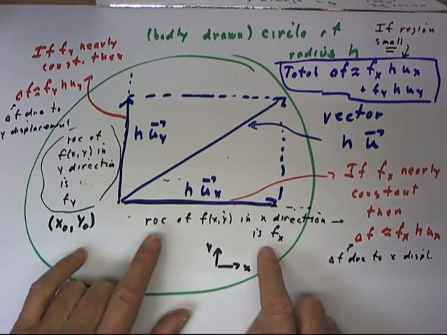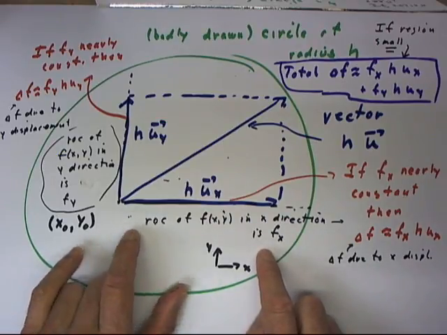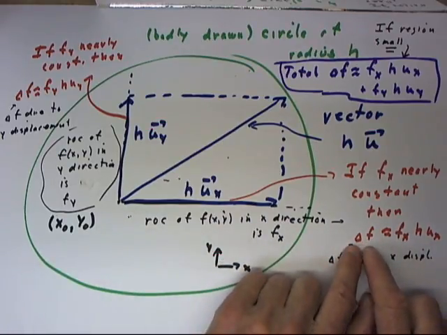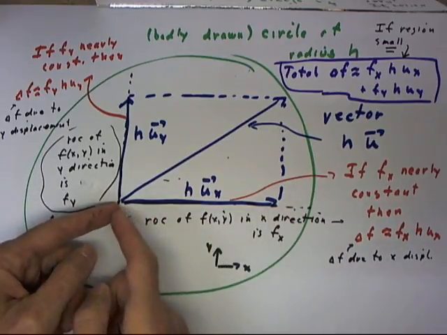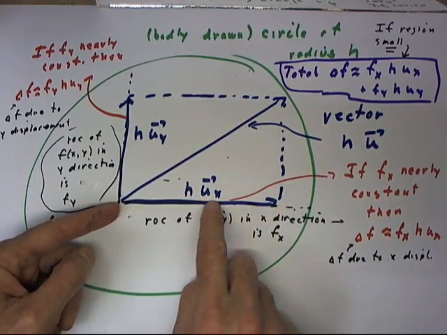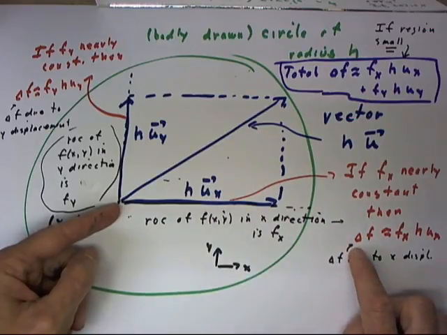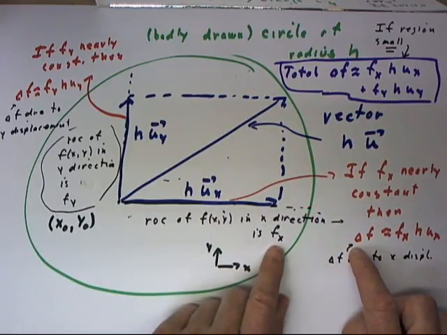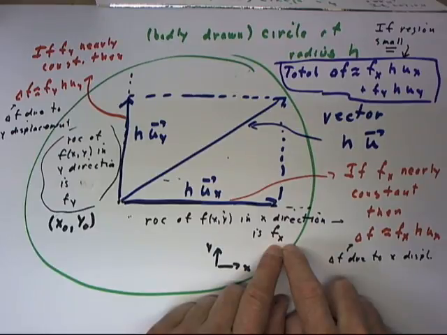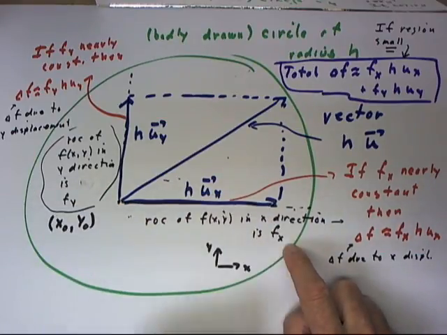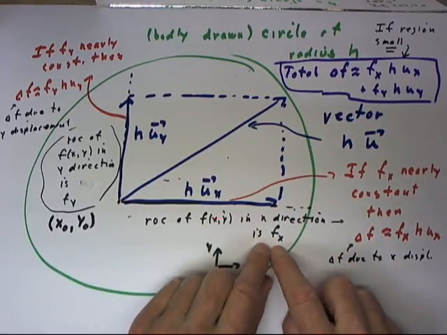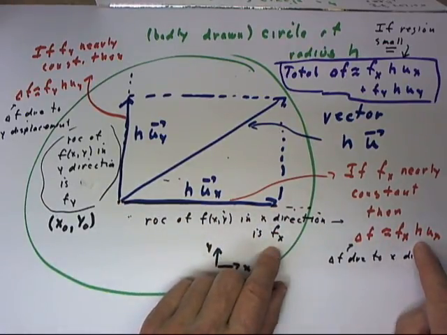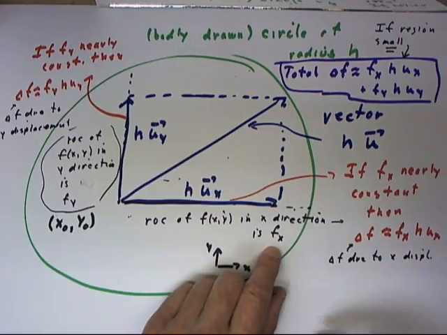We'll make that more rigorous at some point soon. The idea is simply that the change in the value of f due to this displacement hu sub x is going to be delta f approximately equal to fx, which is the rate at which f changes with motion in the x direction, multiplied by how far we go in the x direction, which is our hu sub x. So that delta f is fx times hu sub x.